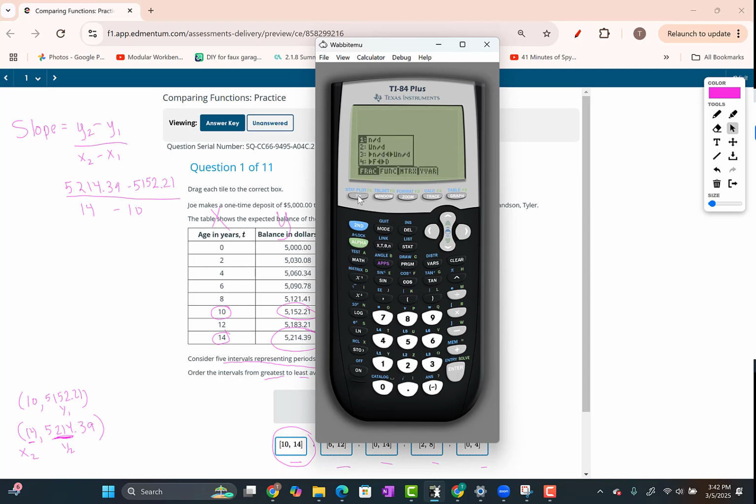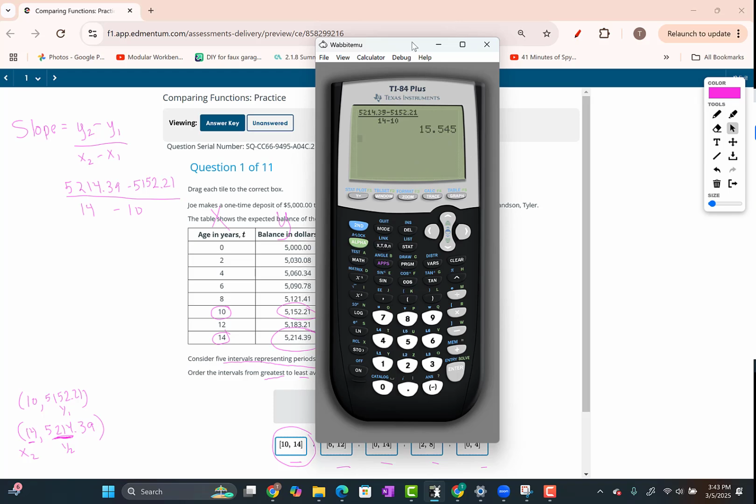Alpha y equals number 1 gives you this fancy fraction template, and it's going to make entering this problem a whole lot easier. And in a second, we're just going to wash, rinse, repeat this process using a couple buttons in the calculator, and this will go very quick. But I want to do this first the long way.